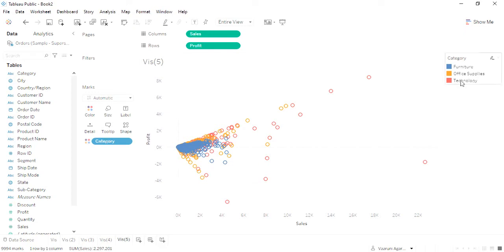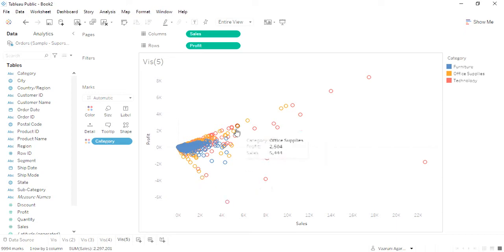However, if we take a look at the office supplies, mostly the concentration is on the lower sales and lower profit. But some of the orange marks, as you can see, are scattered all over the place. That means as the sales get higher, the profit is also getting higher, but in some cases the profit is low, like this particular bubble, which is giving us a loss of at least $3,702.